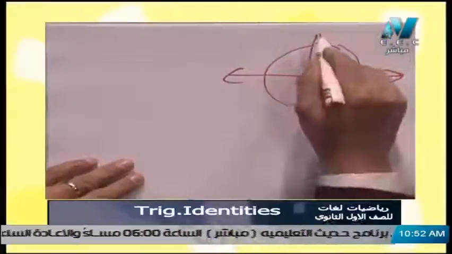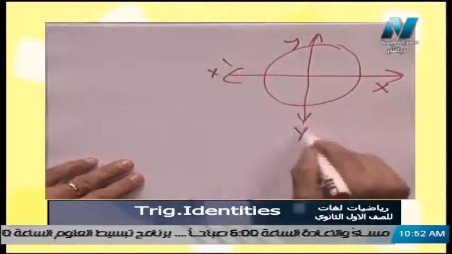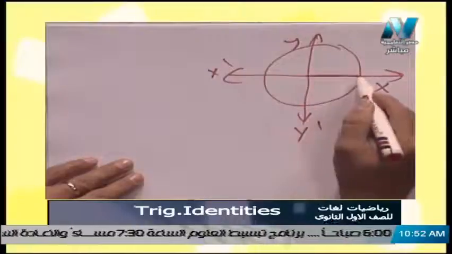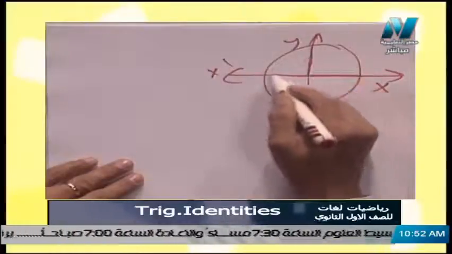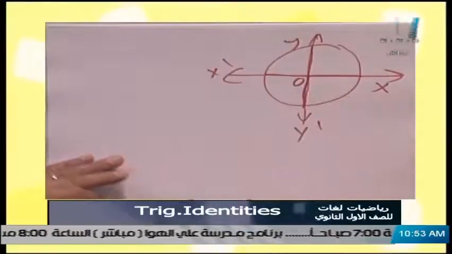Let's move to some other identities. We know from the first term that if we have the unit circle like that, this is the x-axis and y-axis, and the length of this radius equals 1, because it's a unit circle, and this is the origin point.